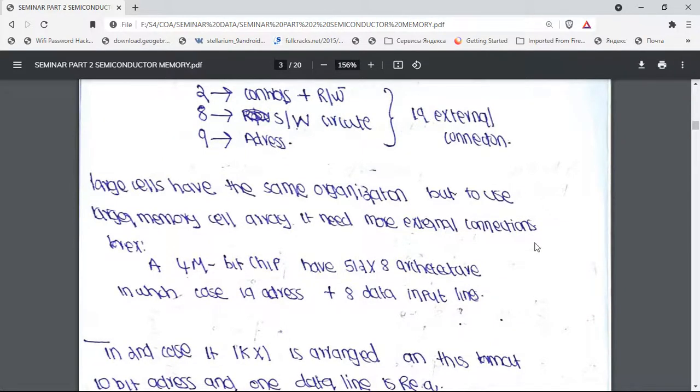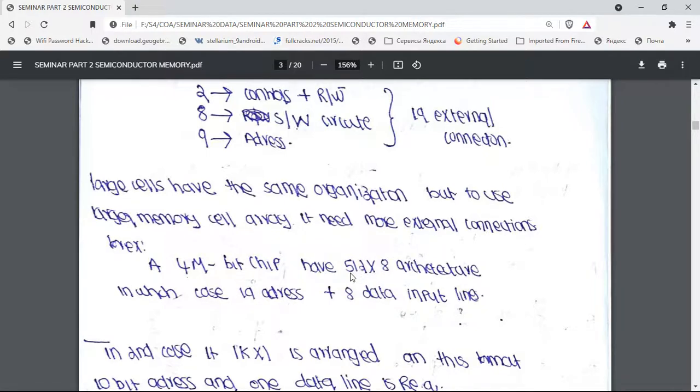And okay, so that is for a megabit chip with 512 architecture. If this is a 512 architecture, the sense and write, that is what S/W means, will have the 8 lines, 2 will be for control, and that is the data input lines, and there will be address lines for 512.